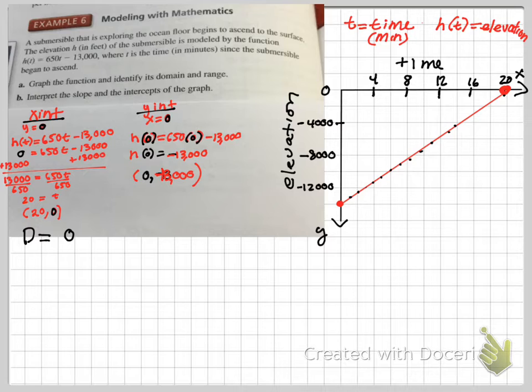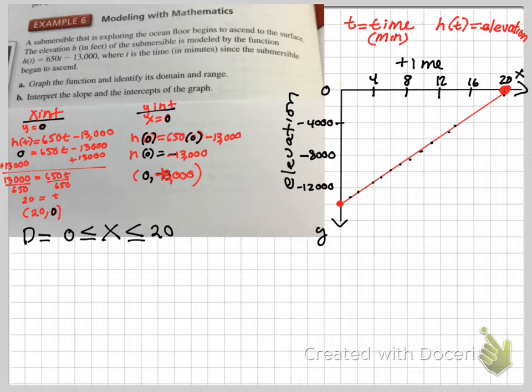So 0 is the lowest possible value for an x. The domain, x, is greater than or equal to 0 and less than or equal to 20. So any of these points can use any number between 0 and 20. Does that make sense? We're picking any of those numbers, not before and not after.